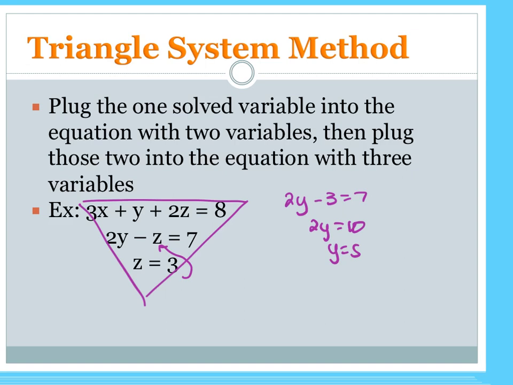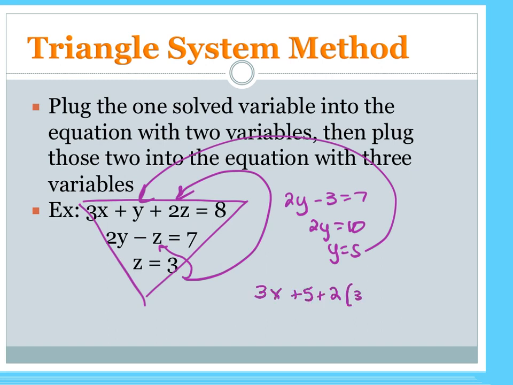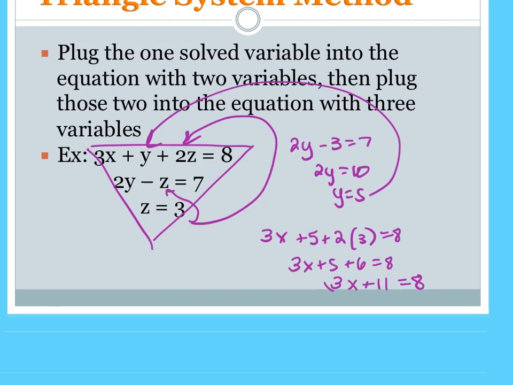And then we've got the one that's on the bottom, the one we just found, and it's 3x plus 5 plus 2 times z, which is 3, equals 8. Oh, 3x plus 11 equals 8. 3x equals negative 3, and x equals negative 1.